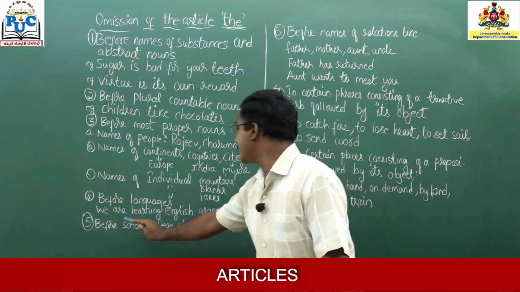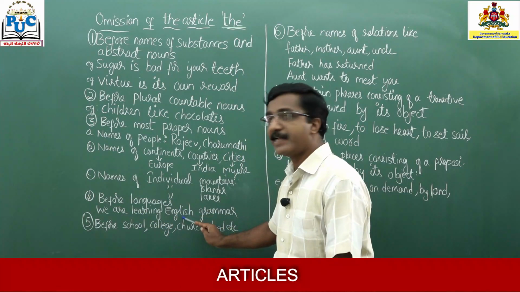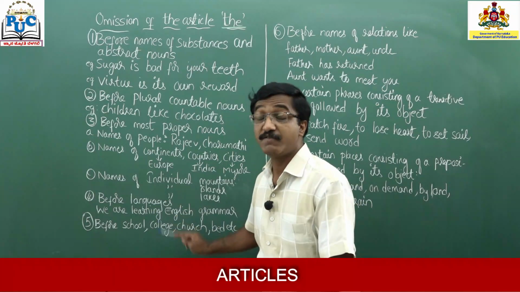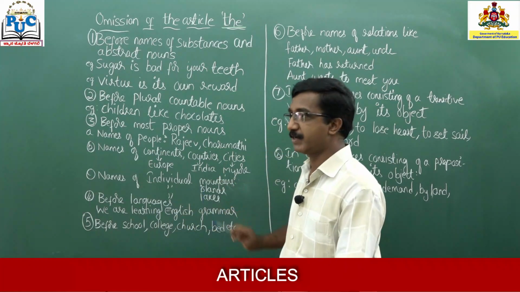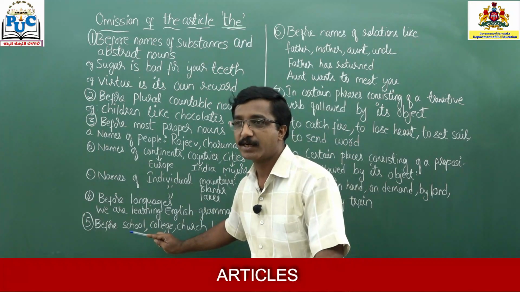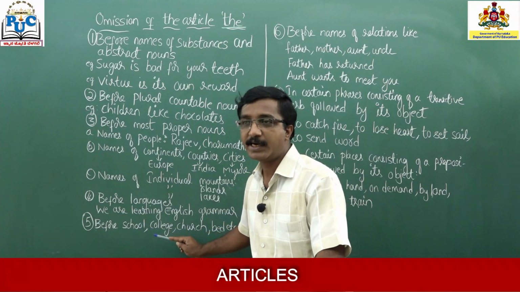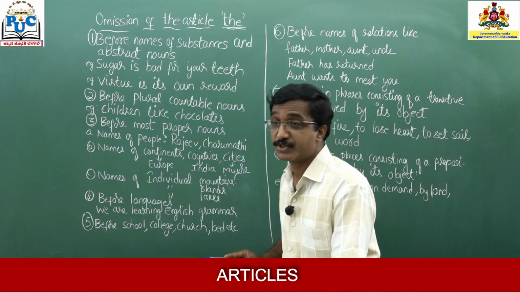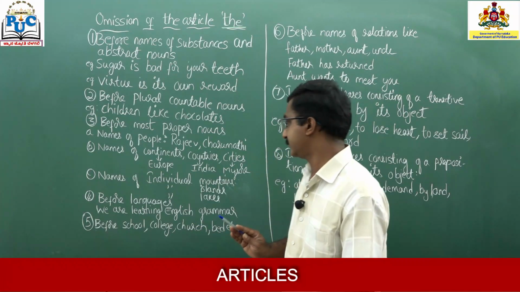We are learning English grammar. You are not supposed to say "we are learning the English grammar". I speak Kannada at home. We are not supposed to say "I speak the Kannada".